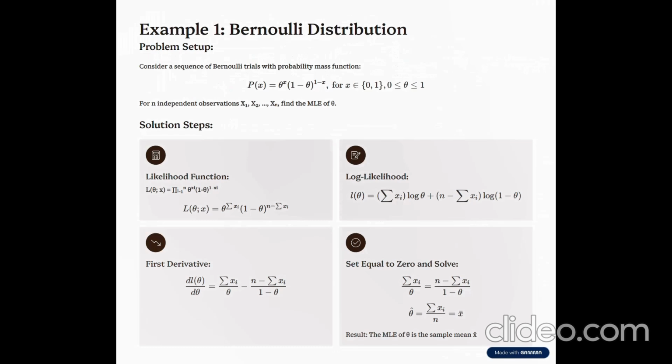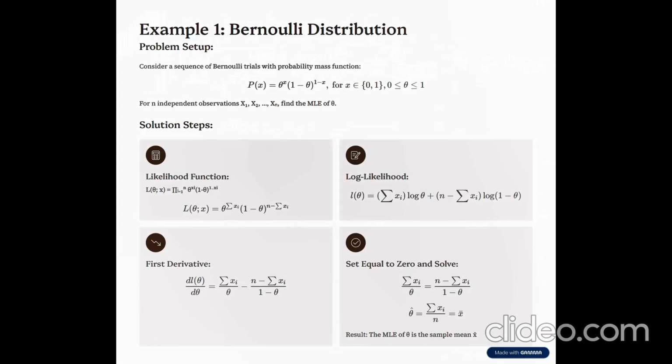Next, let's apply the maximum likelihood estimator to the Bernoulli distribution. This model is perfect for simple yes or no experiments like flipping a coin or measuring a binary outcome.